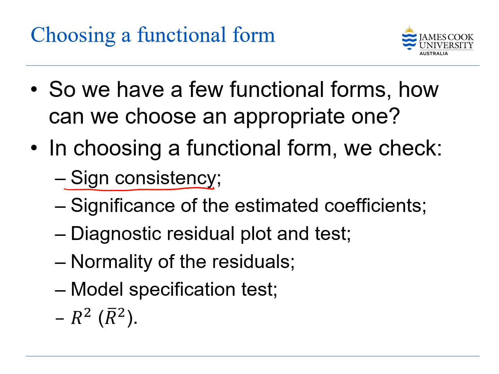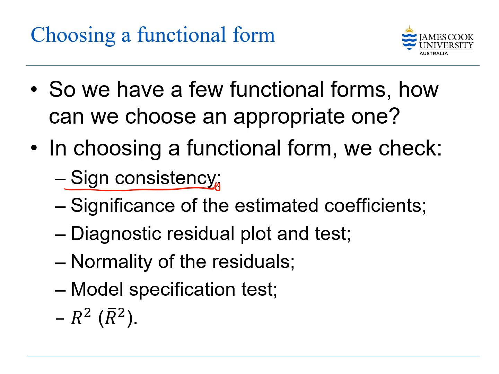Our economic theories might suggest that the sign of beta 2 should be positive. And if we use a particular functional form, say the log-linear functional form, and we end up finding negative signs, then this might be because the log-linear functional form is the wrong one. We're choosing a wrong functional form. So we check whether the signs are consistent with economic theories, our expectations, and intuitions.